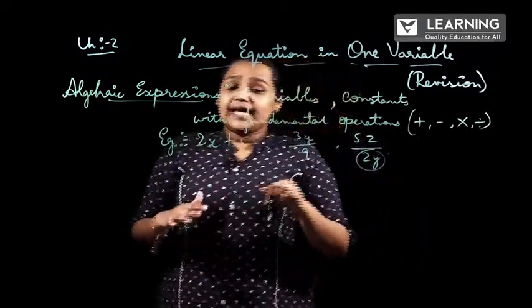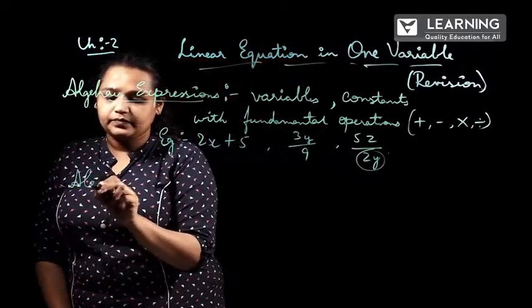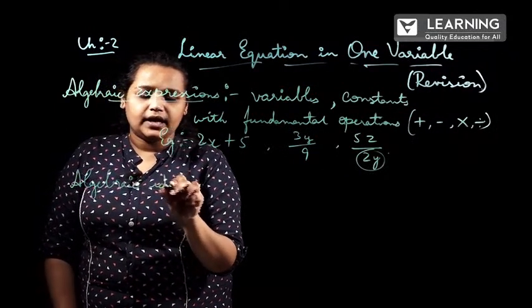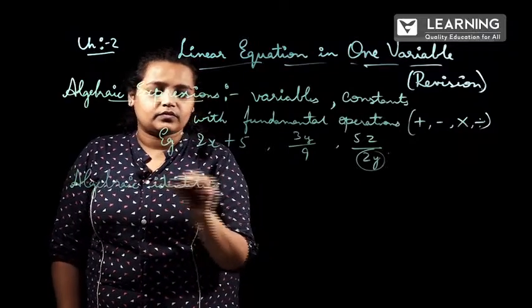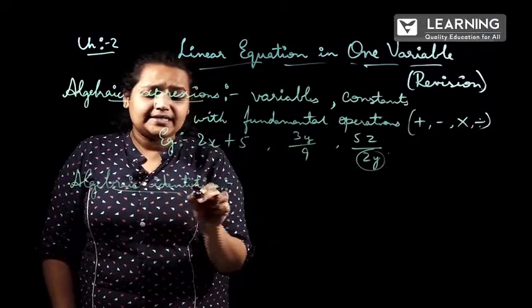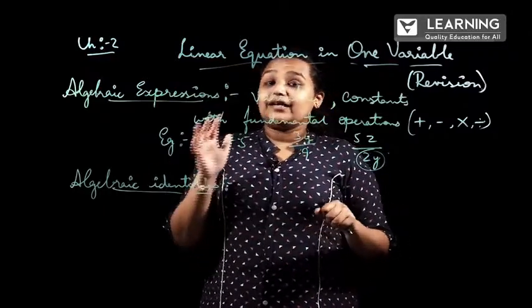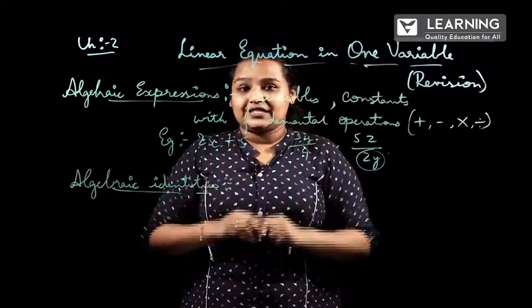So next is algebraic identities. So what are these algebraic identities? An algebraic identity is an equality where we'll be taking the expressions.